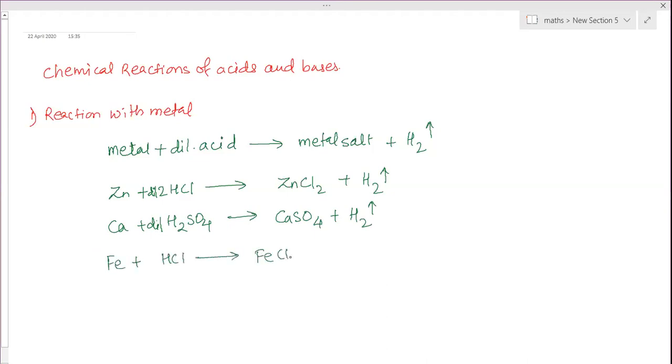It will form iron chloride, and hydrogen gas is released. Then what will happen with copper? What will happen if dilute sulfuric acid is added to copper?